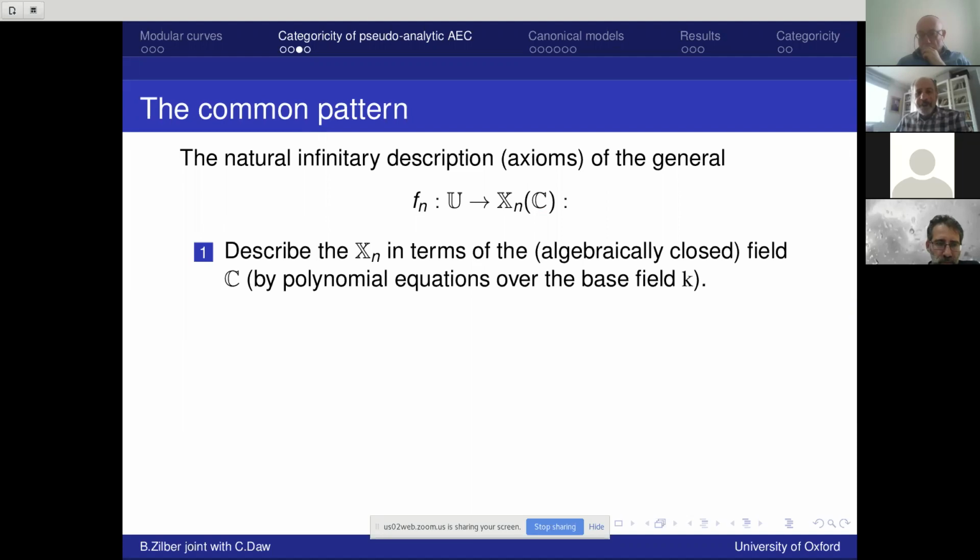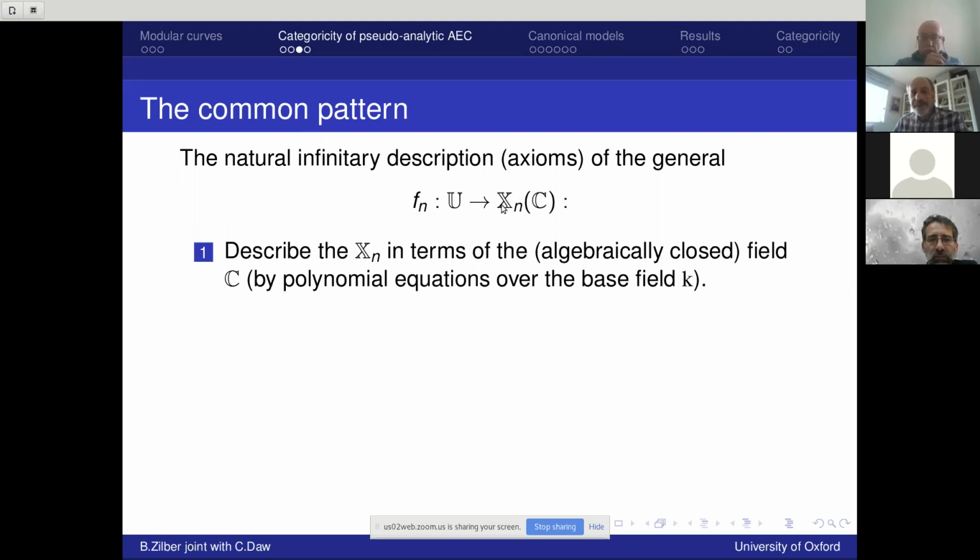Well, number one, you have here some algebraic curves, or in a more general case, algebraic varieties, covered by this analytic object. And the first thing you do, you describe what are these things on the right. So of course, you say that you are dealing here with an algebraically closed field of characteristic 0.